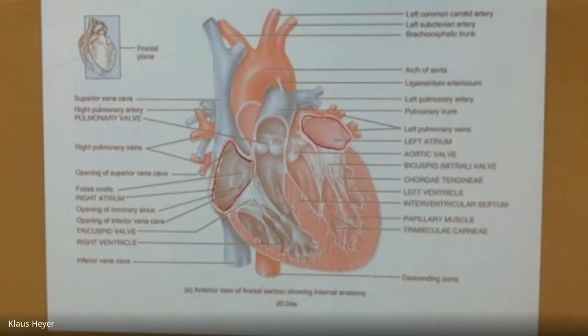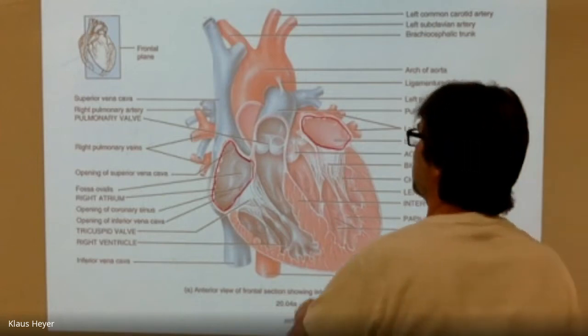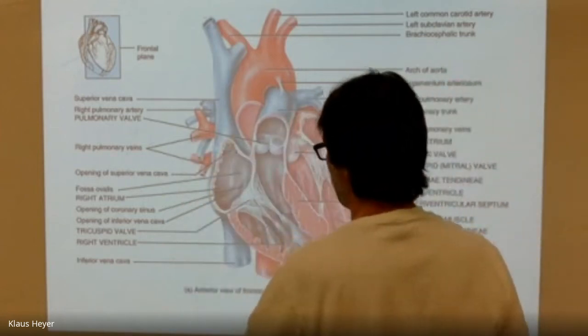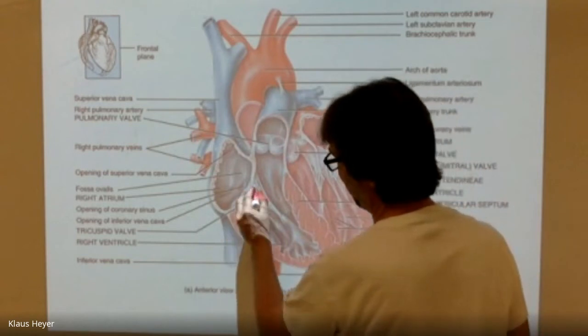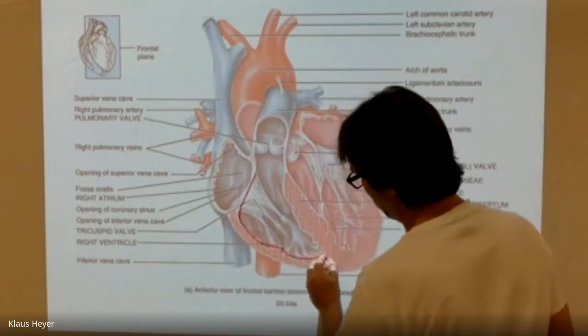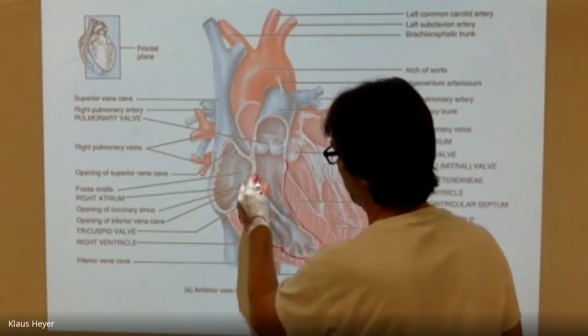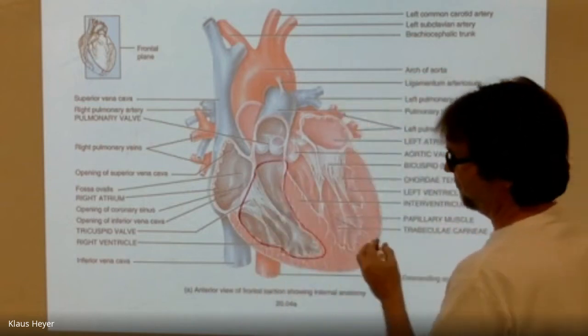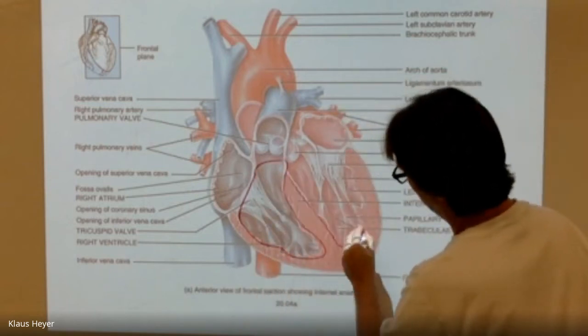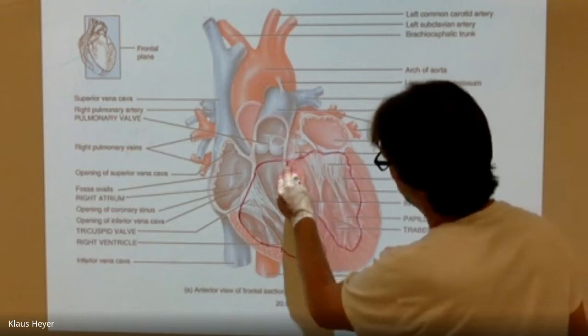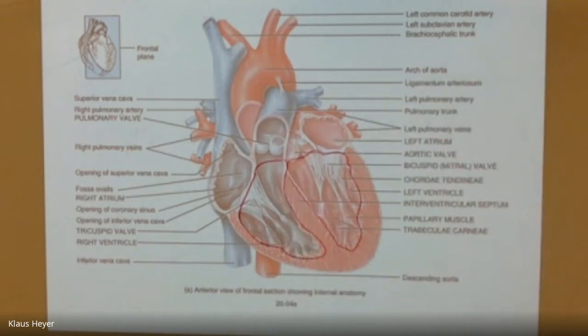And then let's look at the ventricles. It's not that easy to see, this is giving you a rough idea. There's the right ventricle, and here's the left ventricle. So they're not very clear.